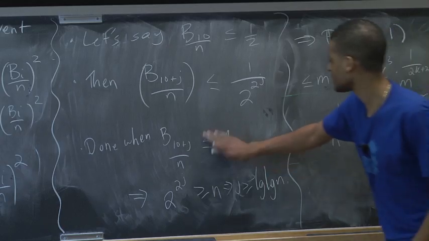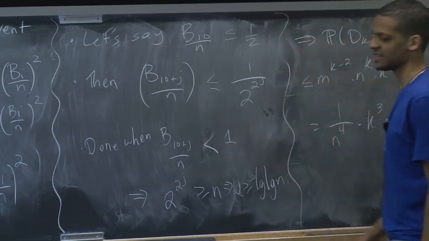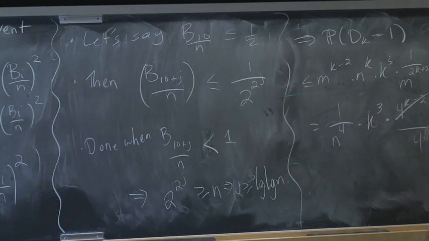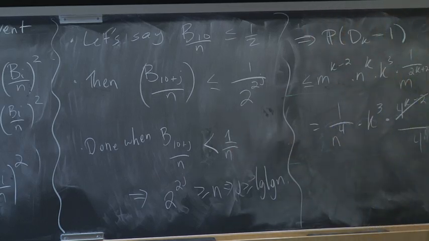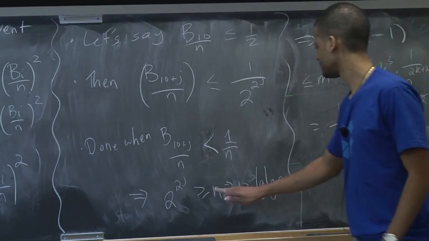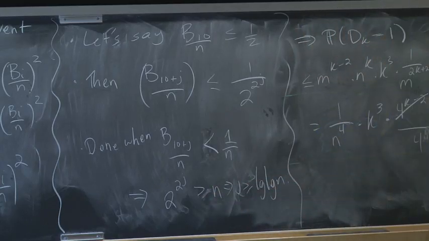Or strictly less than 1. If it's strictly less than 1, that means it's 0. 1 over n. Whoops. Yeah. So that's where it comes from.